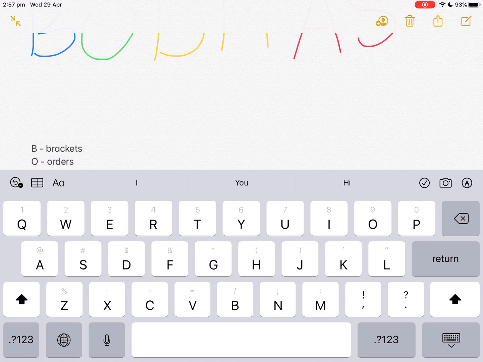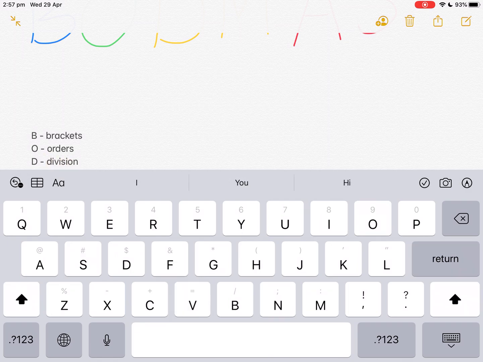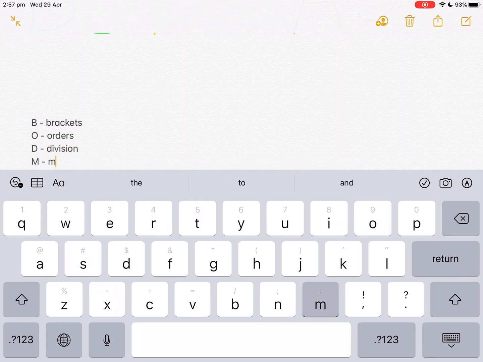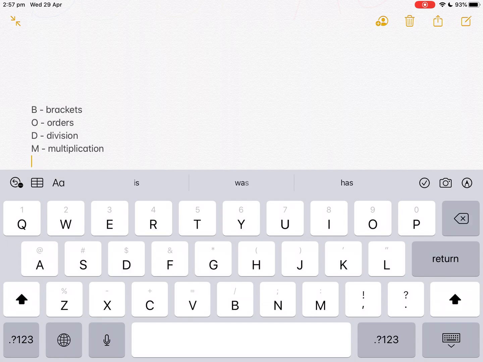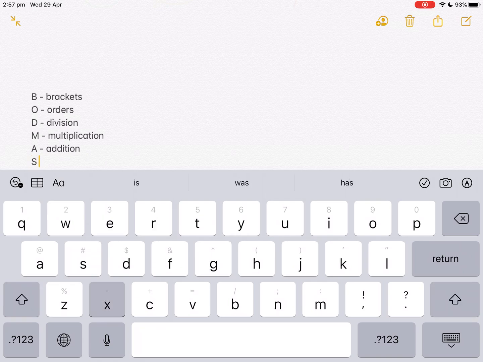But we do need to know the brackets. We need to know that the D is for division, M for multiplication, A for addition, and S for subtraction.